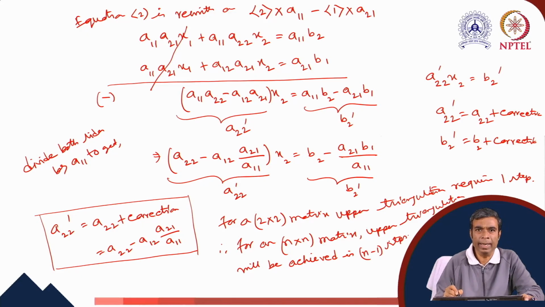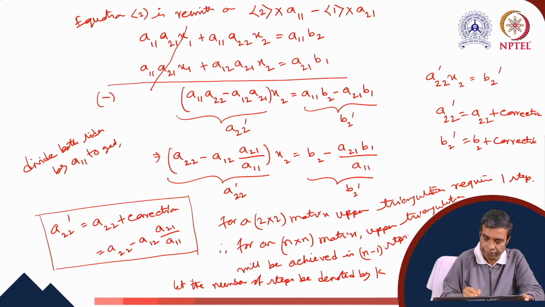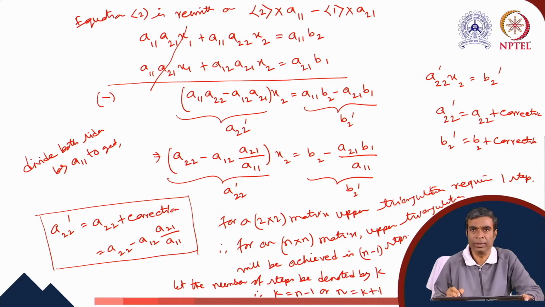So for this n minus 1 steps, we define a new parameter denoted by k. So the number of steps be denoted by k. Therefore, k equals n minus 1 or n equals k plus 1.